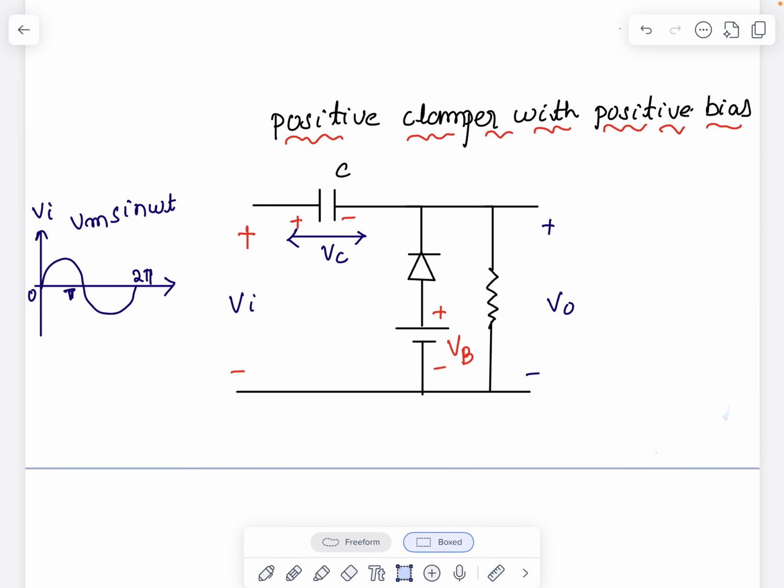So today we are going to discuss positive clamper with positive bias. In the last two classes, I discussed positive clamper and negative clamper. So today I'm going to discuss positive clamper with positive bias.